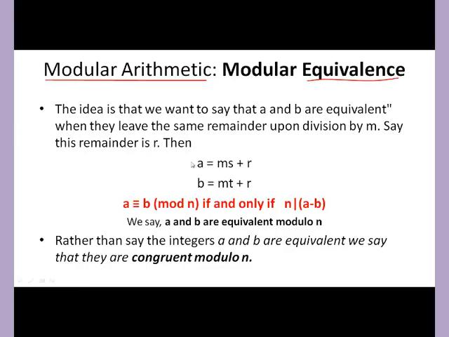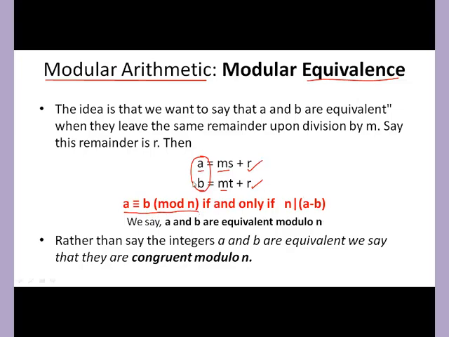When we divide A by M, we get remainder R. When we divide B by the same number M, we also get remainder R. The remainder in both cases is the same, so we say that these two numbers are equivalent, and we write A equivalent to B modulo N. The condition is that N is a divisor of the difference.